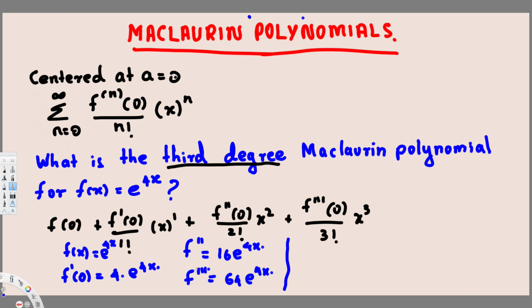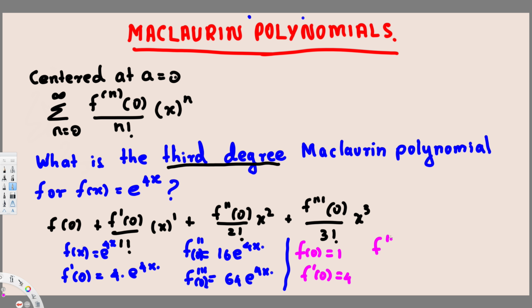Now we have to plug 0 in for x. And e to the power 0 is 1. If you plug in 4 times 0, that's 0, and e to the 0 is 1. So f of 0 is going to be equal to 1. Now for f prime 0, e to the power 0 is 1, and we have 4 right here, so f prime 0 is 4.